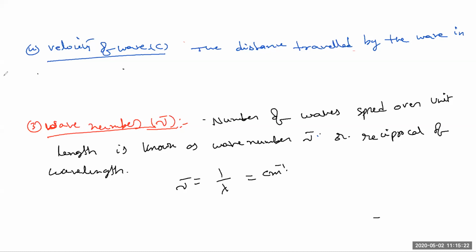The symbol is C. The distance traveled by the wave in unit time, or in 1 second, is known as the velocity of the wave.